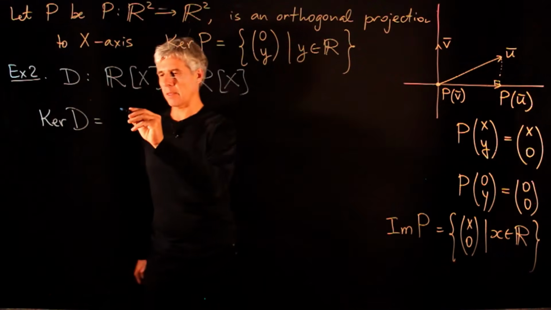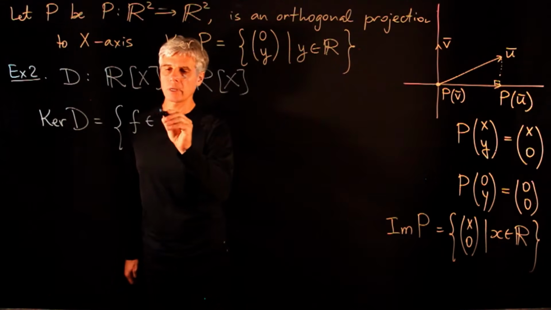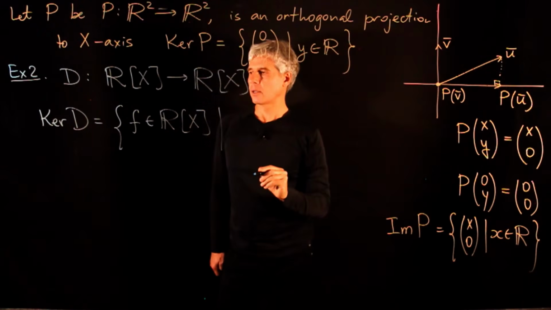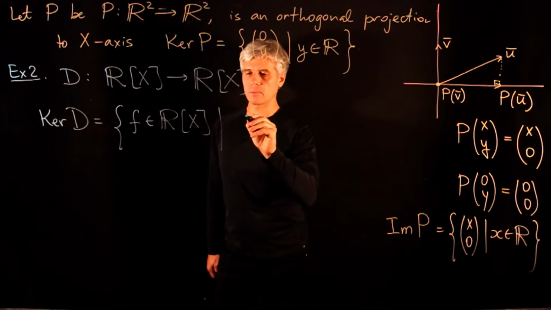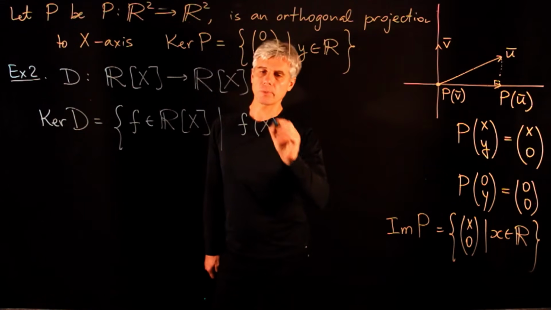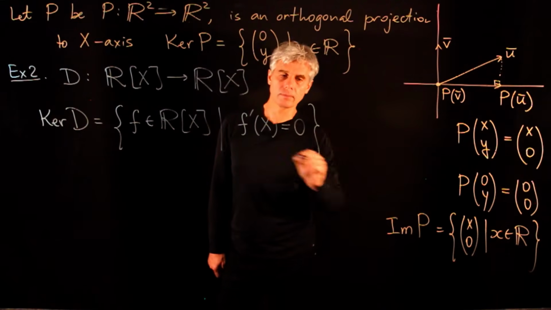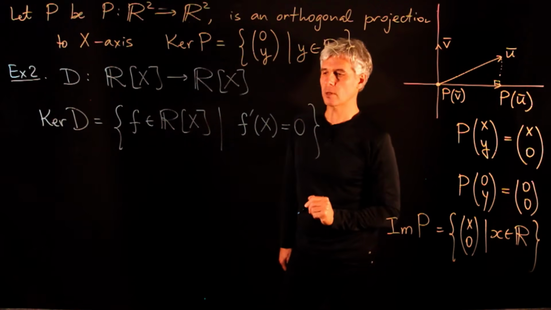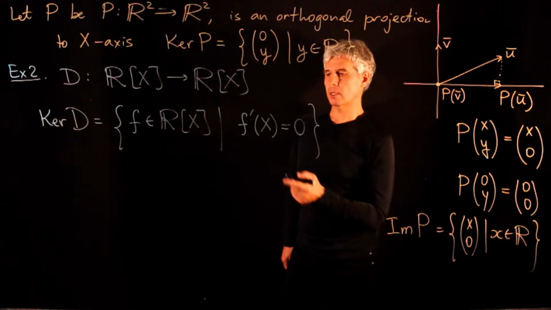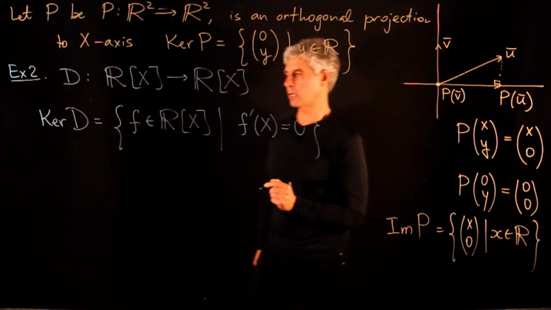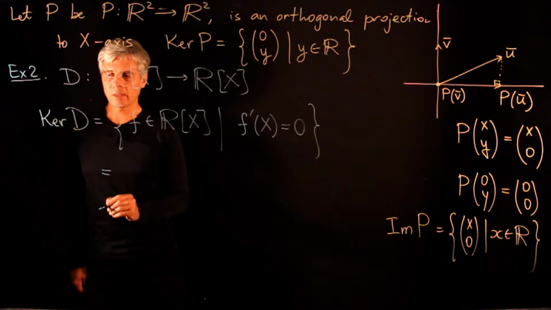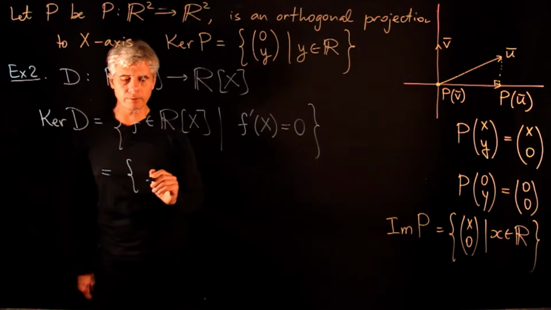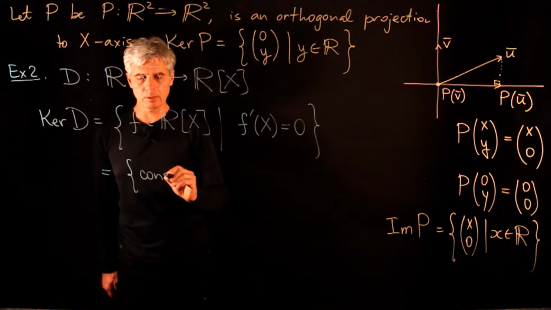This is the set of polynomials in R[x] such that the derivative of this polynomial is equal to the zero polynomial. We know which functions have a constant zero derivative. From calculus, we know that these are only constant functions. So the kernel of the differentiation operator is the set of constant functions.